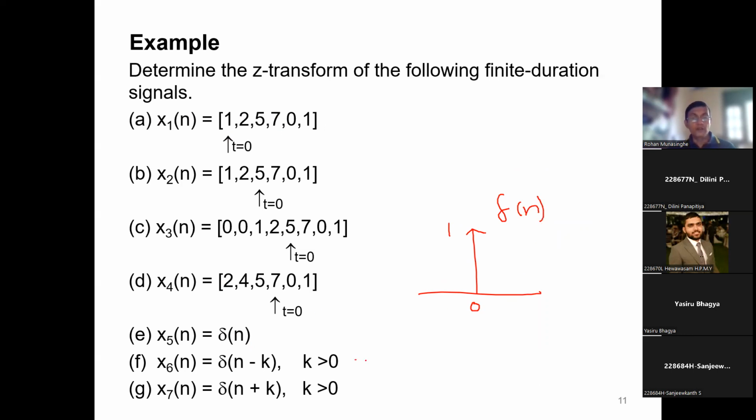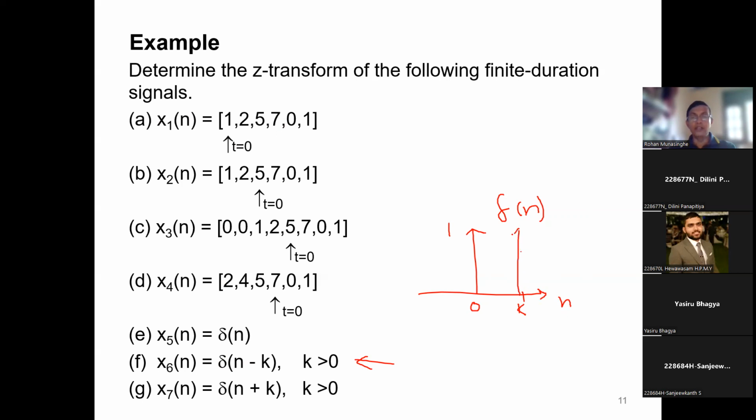Whereas this one is delta n minus k. So the delta happens not at time 0, but when n equals k. That delta is located at n equals k, maybe somewhere over here. This is k. So this is n. N is the axis variable. When n equals k, you have the delta.